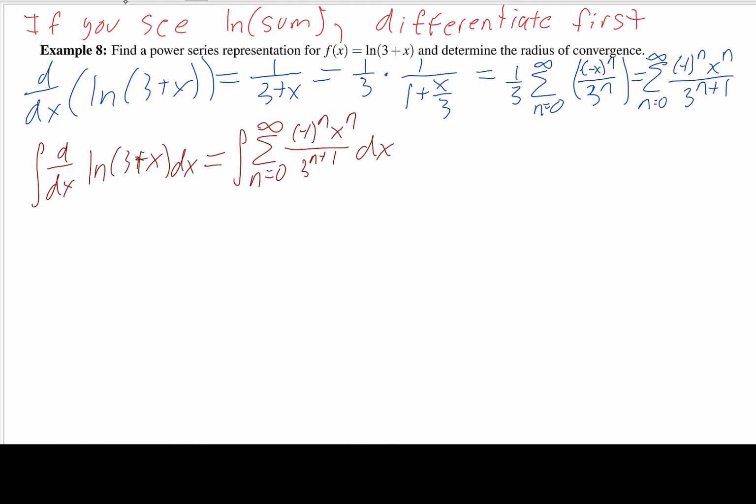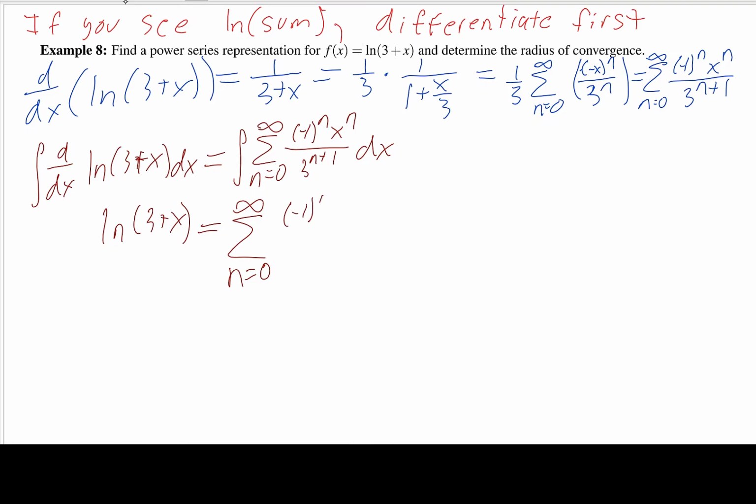Okay, so that will give us that the natural log of 3 plus x is going to be equal to, well, remember our rule for integrals, our starting index does not change. We have n equals 0 to infinity of, now we have to add 1 to our exponent of x and then divide by that exponent.